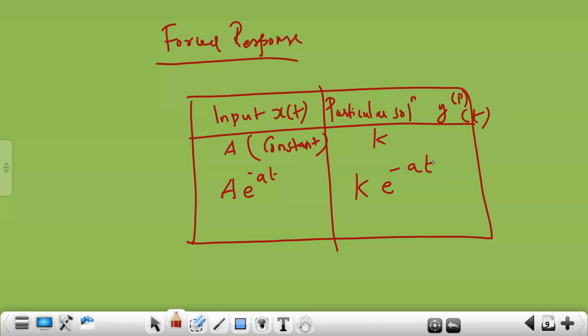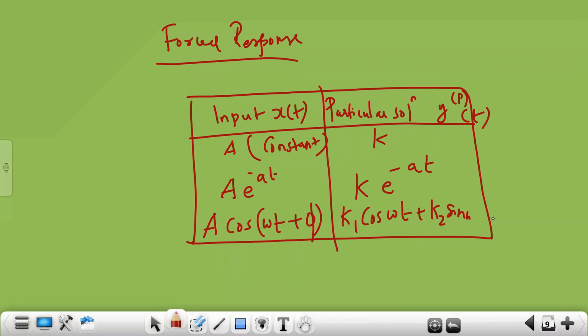And third case, if you are giving a cosine waveform of amplitude A and frequency omega, that is A cos of omega t plus phi, where phi is the phase difference, then your output will be k1 cos omega t plus k2 sin omega t.